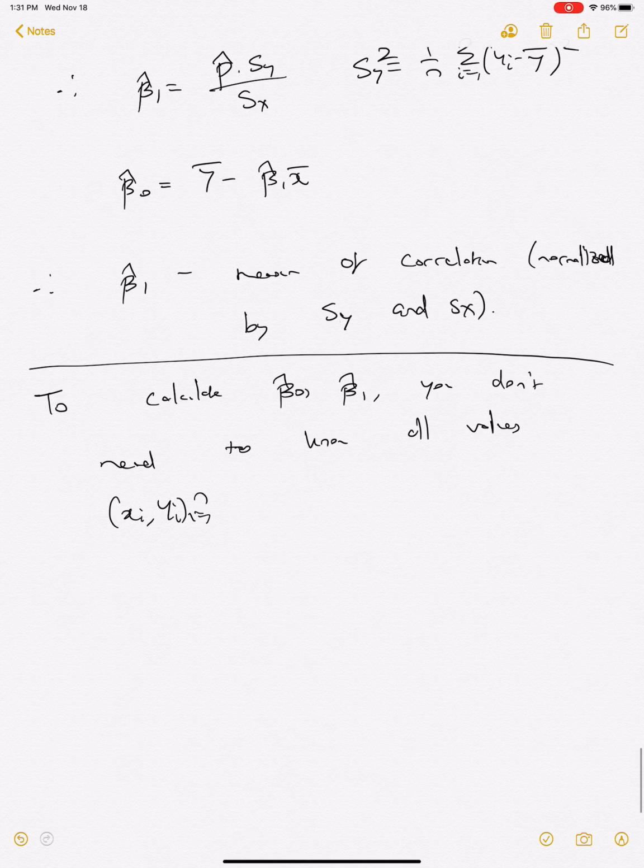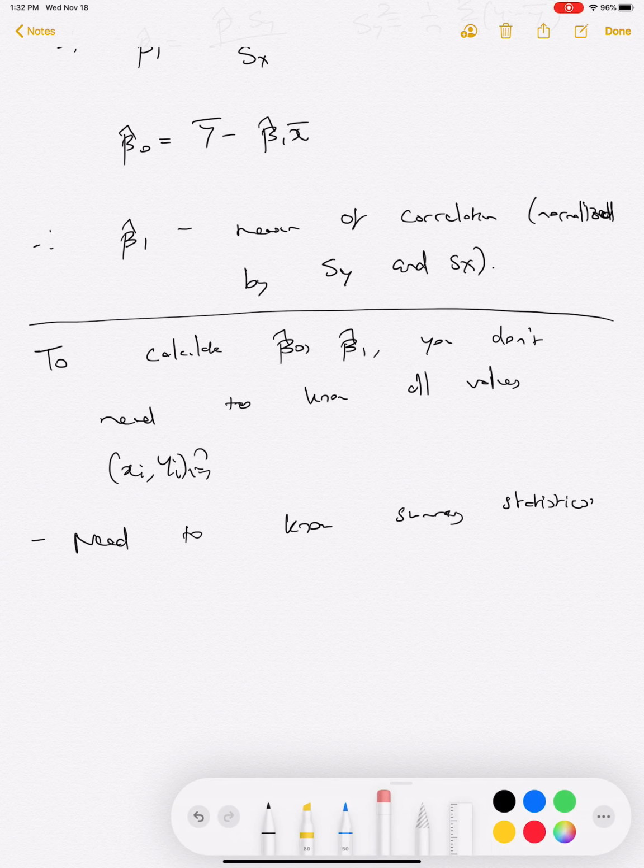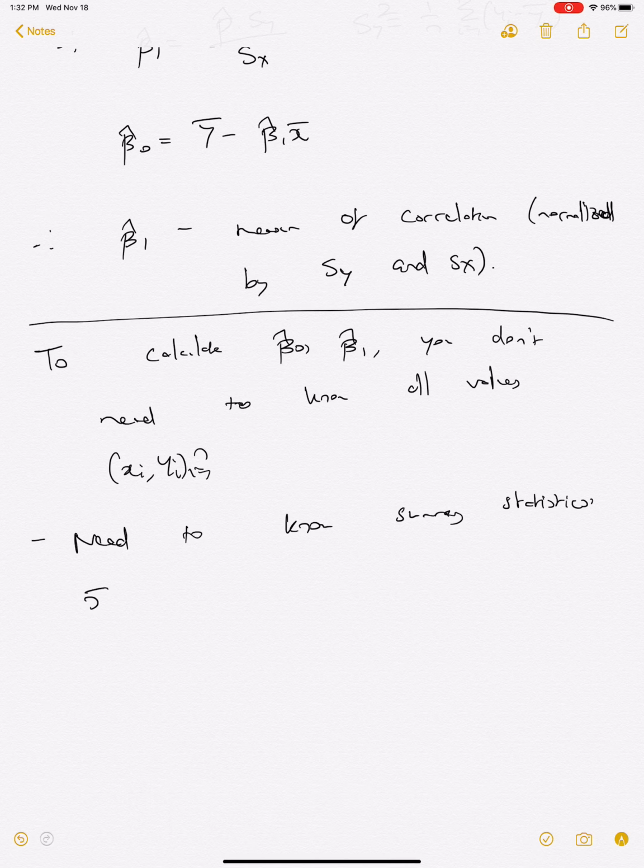You just need to know the summary statistics: x bar, y bar, sx squared, sy squared, and rho hat.